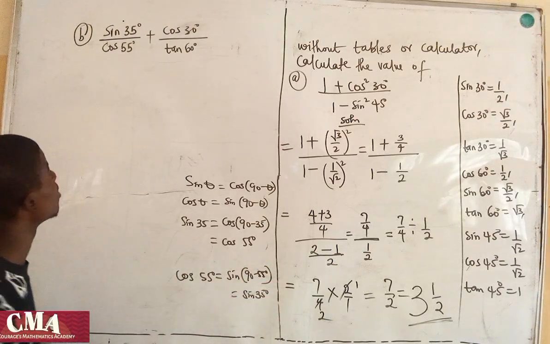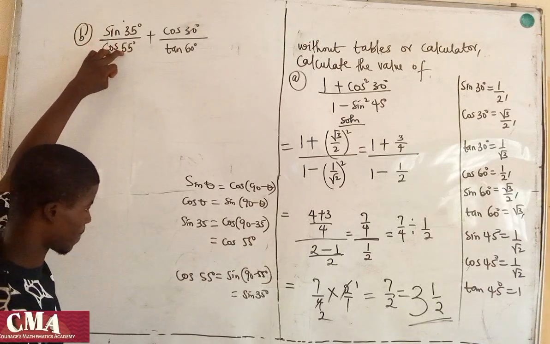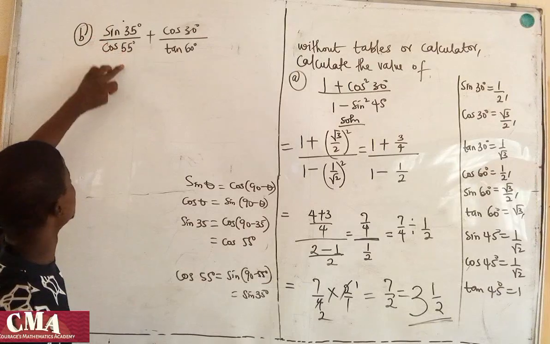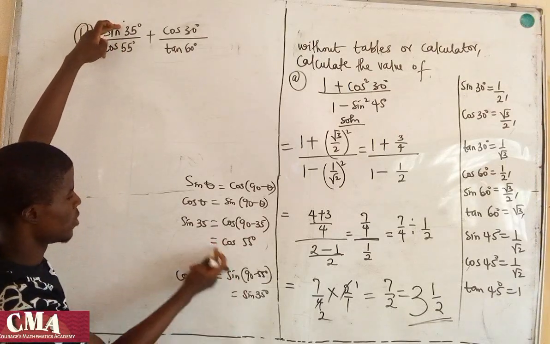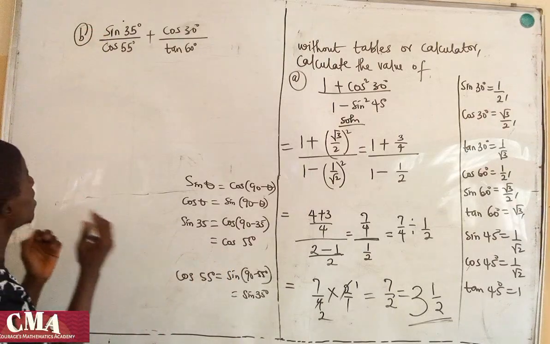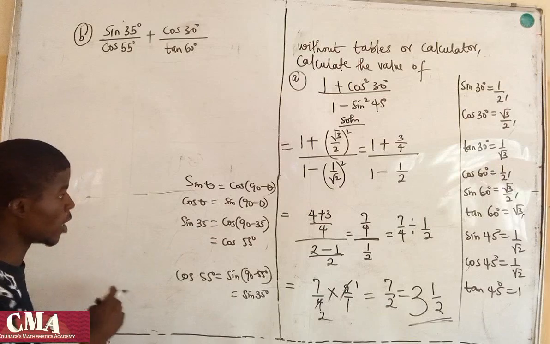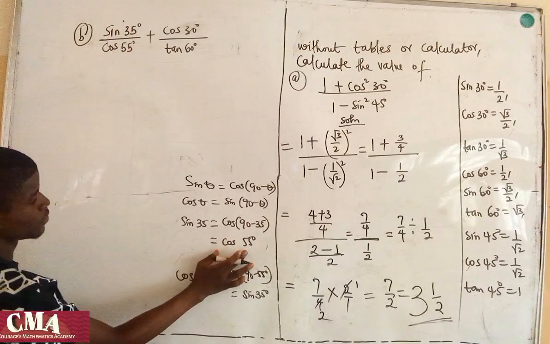So you can see now that sin 35 is equal to cos 55, and cos 55 is equal to sin 35. We just got that right now. So what it means is that I can replace any of them with the other. That is, let's replace sin 35 with cos 55.